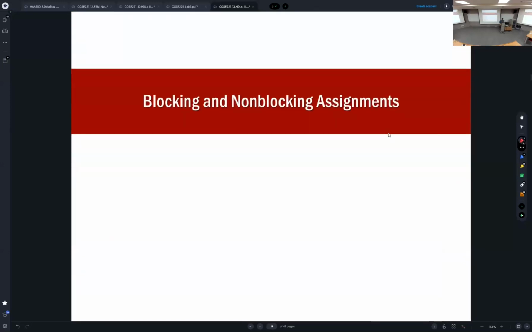In the next class, we will learn about blocking and non-blocking assignment. This is an important part of Verilog design because our hardware design is a little bit different from software programming, and blocking and non-blocking assignment explains the main differences between software and hardware description language.